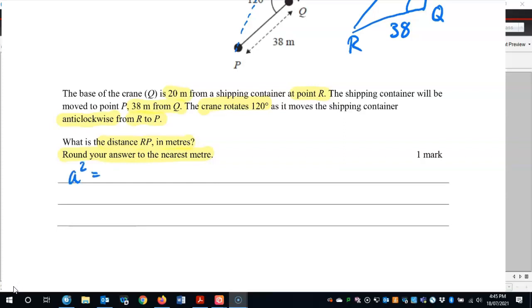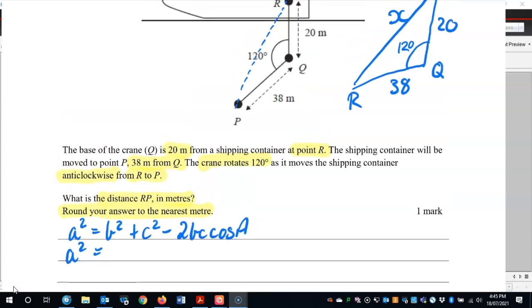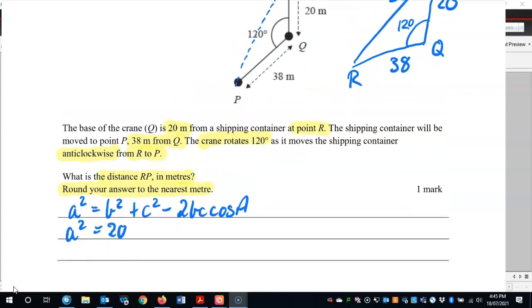So that's a squared equals b squared plus c squared, take away 2bc cos A. Okay, so a squared equals, so that's 20 squared plus 38 squared, take away 2 times 20 times 38 times cos 120 degrees.